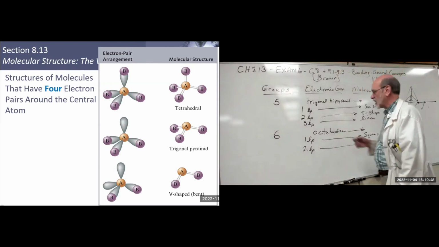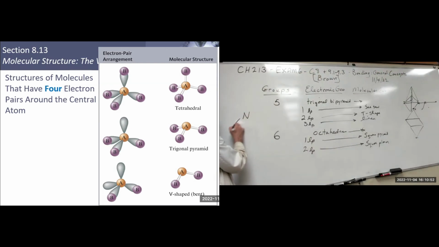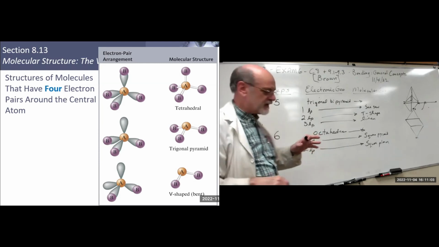If they're not occupied with atoms, like ammonia, then the bond angle is less than 109.5.